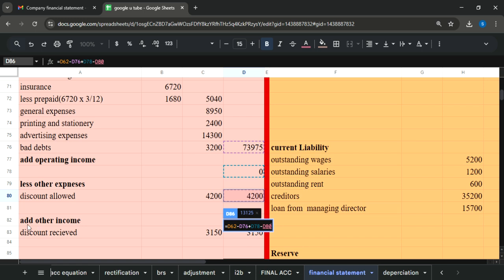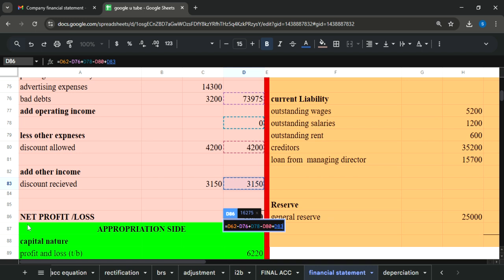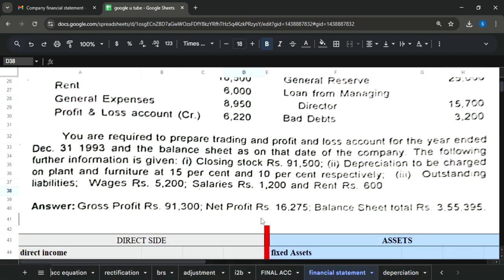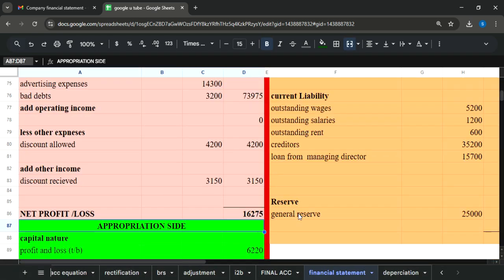Now we will add other income and the amount of other income is 3150 and the value of profit we have got is 16275. This is your net profit. Let's see what book answer is saying. Look at here, net profit 16275 and our answer is also 16275. It means 2 parts out of 5 have been solved.